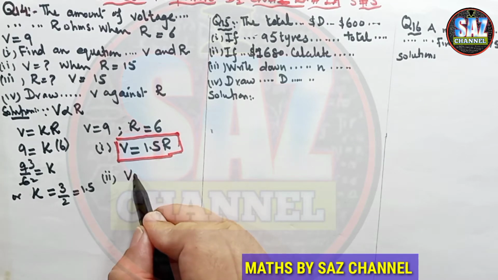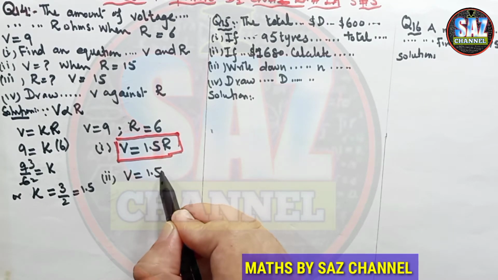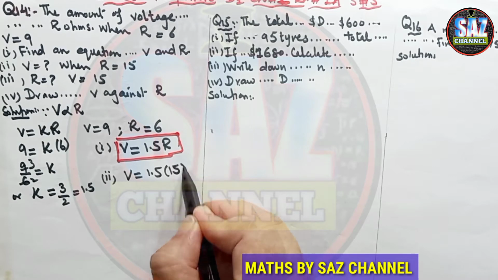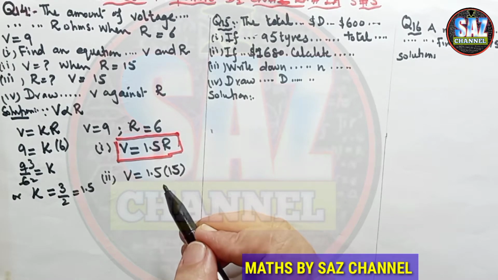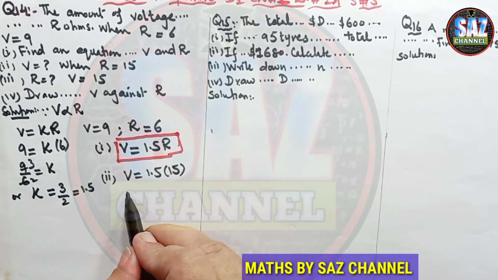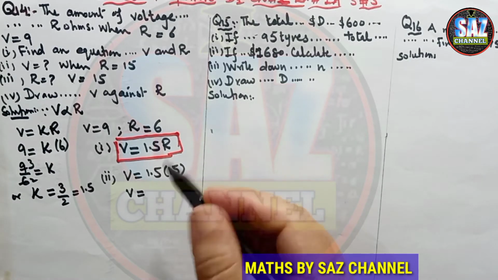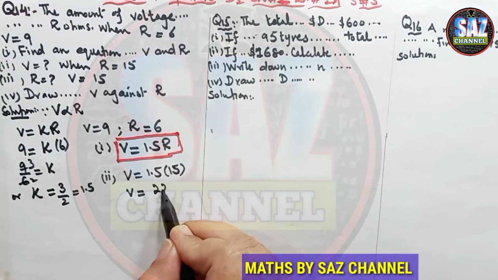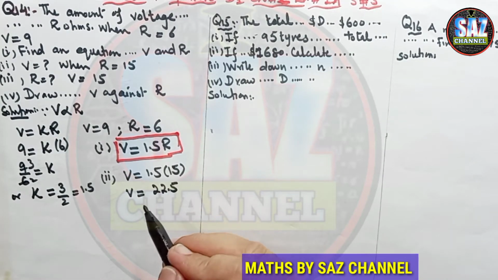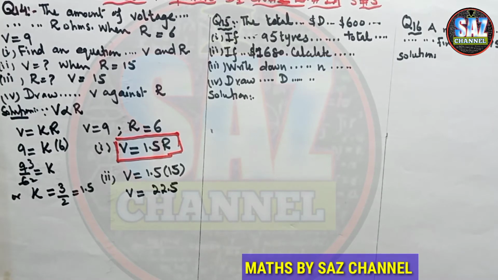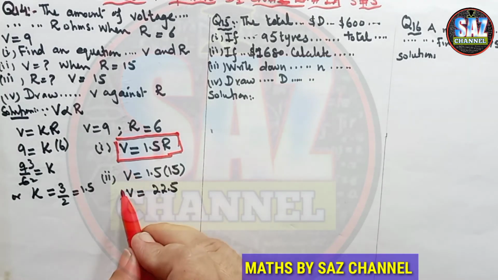So V will be equal to 1.5 multiplied by 15. 15 multiplied by 15 is 225. And then I have to insert the decimal after one digit, so it will become 22.5. So the voltage is 22.5, and block the answer.